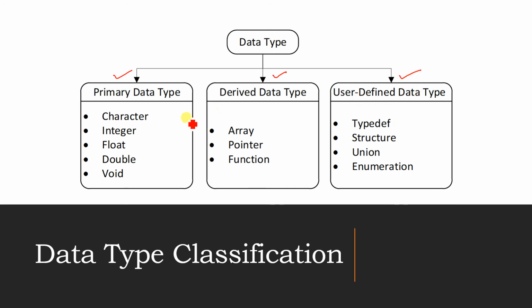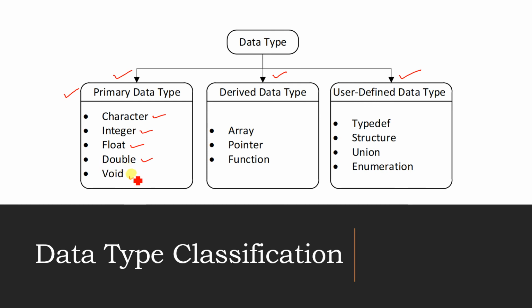For this Unit 2, we will only concentrate on the primary data types. That includes character, integer, float, double, and void. Character means character type of data, and integer means integer type of data that I have already discussed, a whole number with no decimal point involved. But float and double require a decimal point in between the numbers.